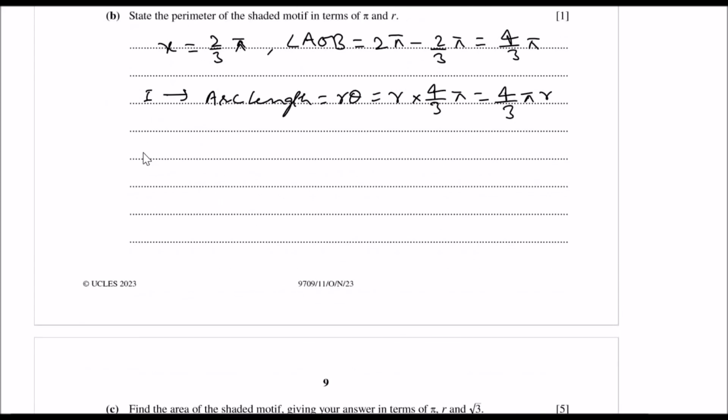Now for arc 2, we calculate the arc length, and that is equal to r theta, and r times, this time we have 2 by 3 pi. So that gives us 2 by 3 pi r.